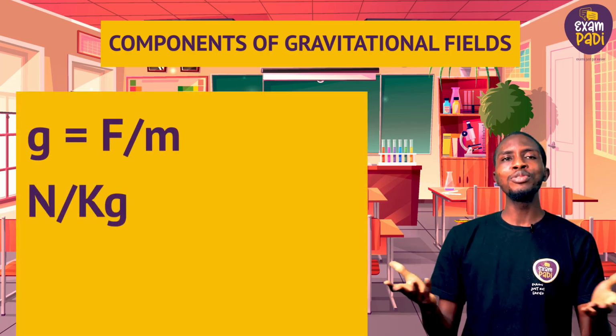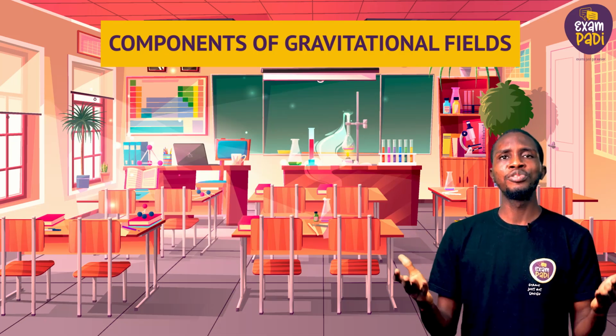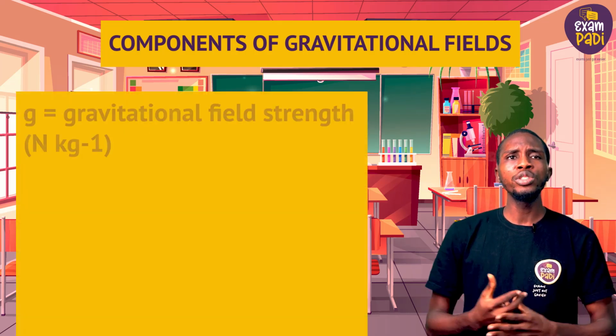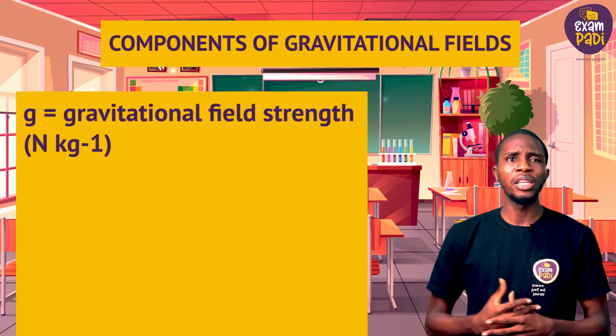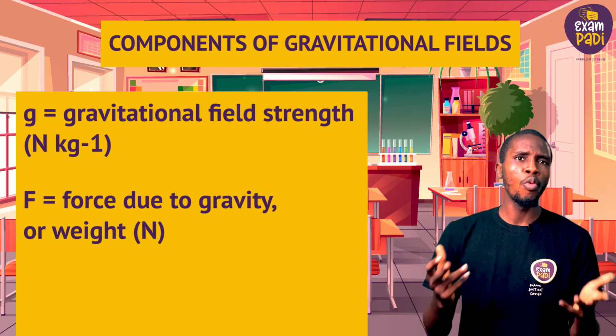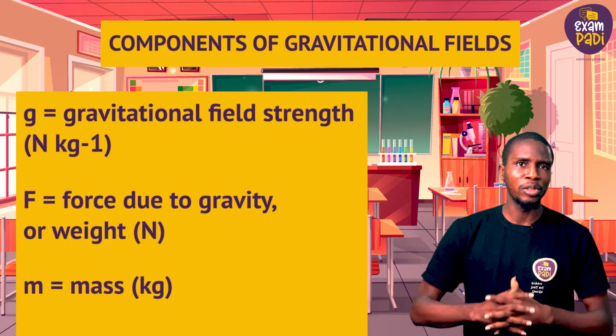The unit is Newton per kilogram. It is a vector quantity and it is regarded as acceleration due to gravity, where g equals gravitational field strength in Newton per kilogram, F equals force due to gravity or weight in Newton, and m equals mass in kilogram.